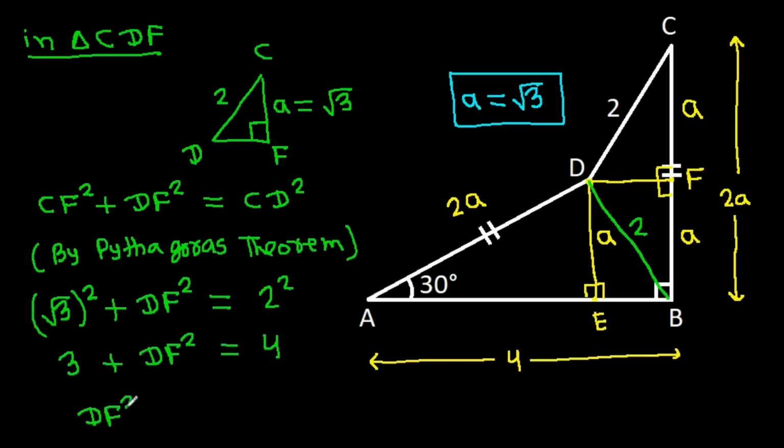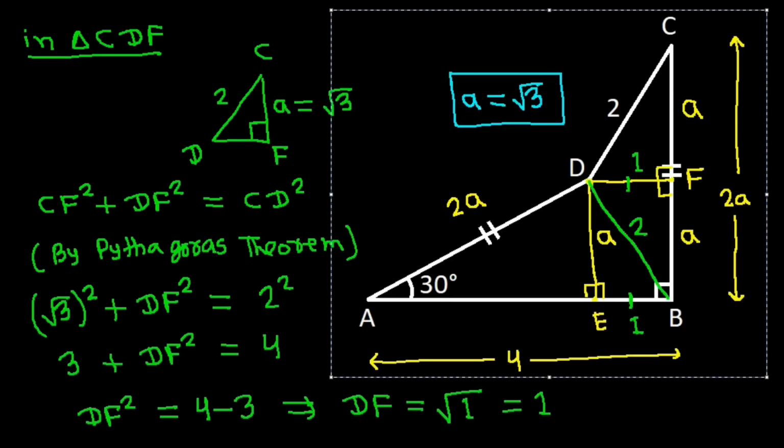So DF square will be 4 minus 3, and DF will be square root of 1, that will be 1. So DF is 1, and DF will be equal to EB, that is 1.